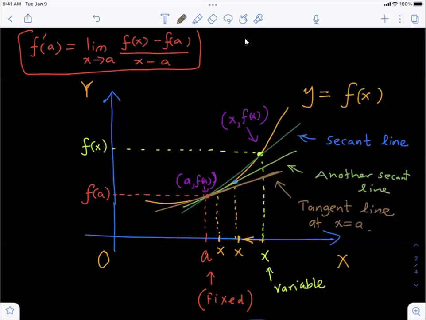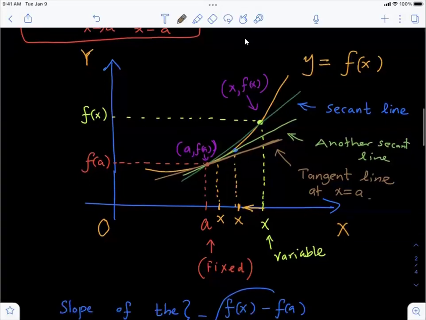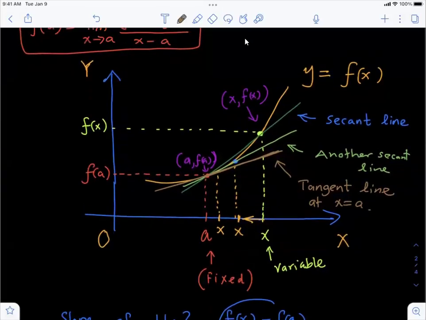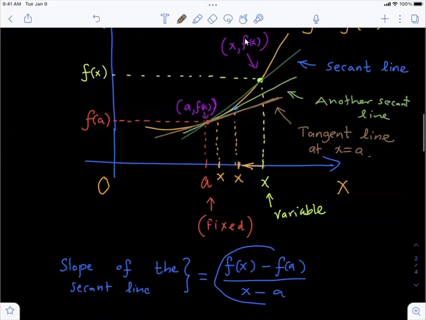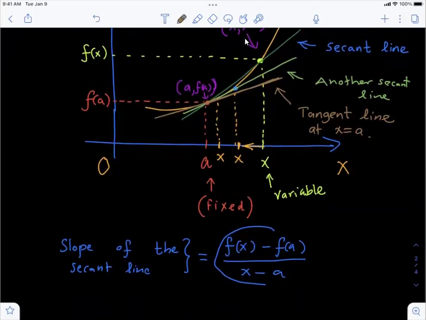So now the whole beautiful story of calculus is summarized at this point. When you try to compute the slope of the tangent line, you do not have 2 points on hand. But the only way that you know how to compute the slope is to employ 2 points, exactly by using 2 points and the secant line.